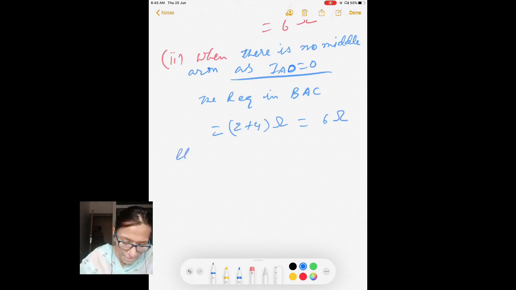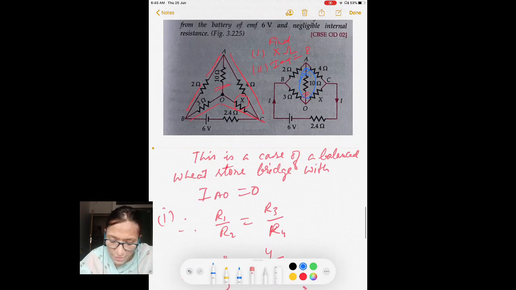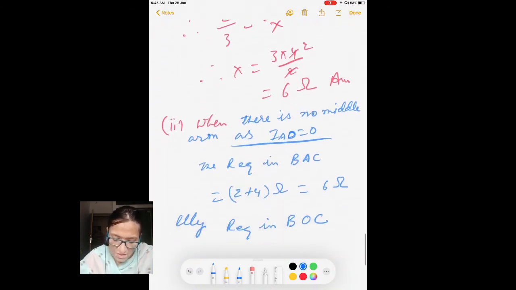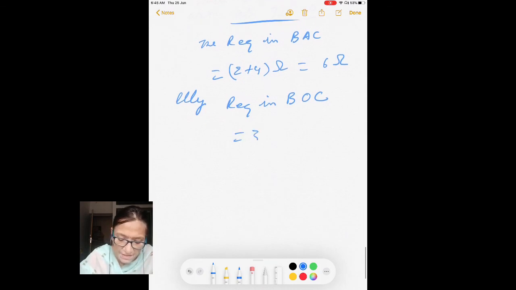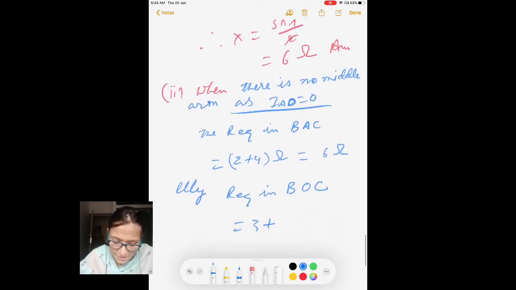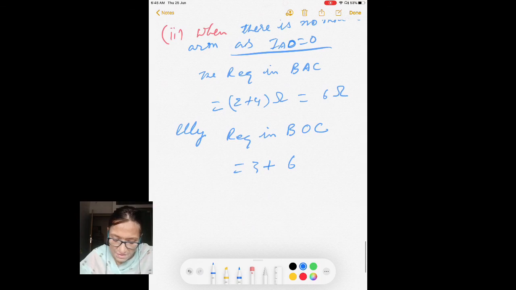Similarly, R equivalent in BOC, from the lower side, BOC, and this is equal to 3 plus 6 is equal to 9 ohm.